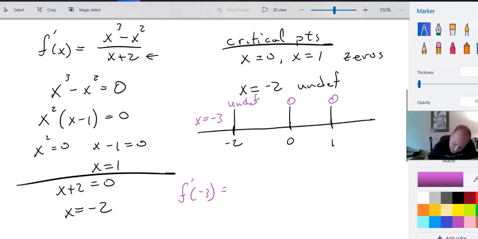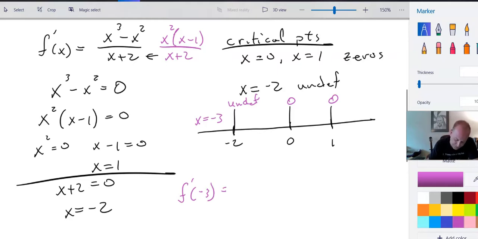Really we only care about the sign. I'm just keeping track of the sign of each factor as I go through this. In fact, I'm thinking it might be easier to look at it in its factored form.